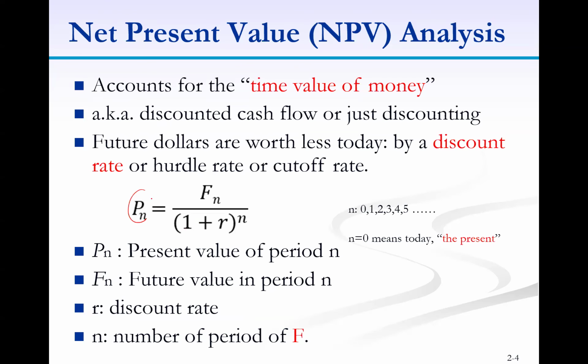Present worth equals future divided by (1 plus i) to the power of n, which converts the future dollar to present. This is the factor, finding out P given F, i and n. And that is the formula.